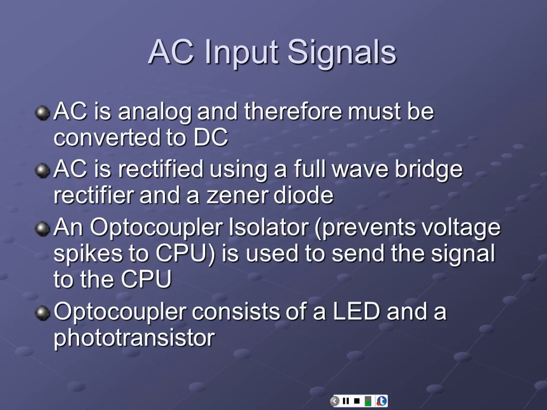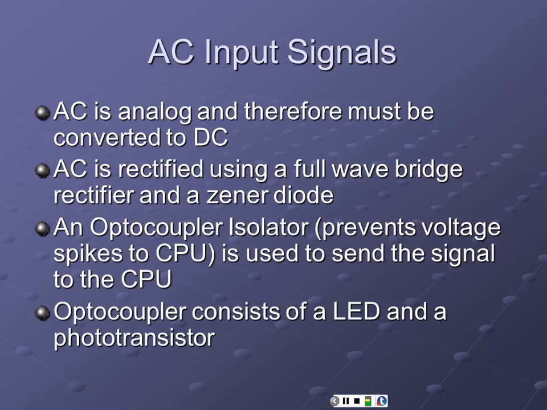There are some AC input modules. They're analog, and for the PLC to read them, they're going to have to be converted over to DC. So it uses a full wave rectifier.